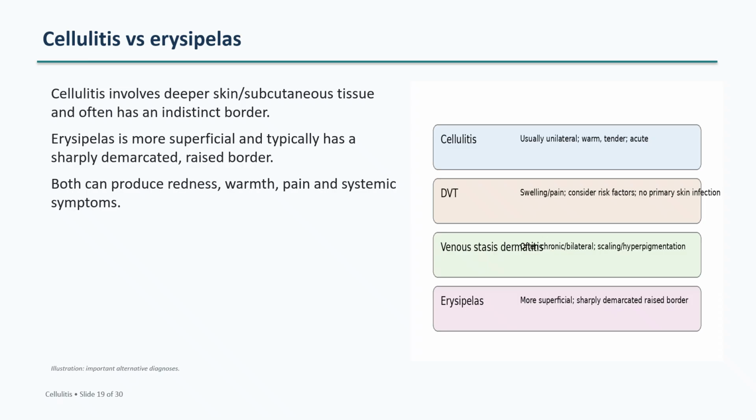And if it is venous stasis dermatitis, then it is bilateral. We will see scaling and hyperpigmentation at the site, and erysipelas will be more superficial, and we will see sharply demarcated raised borders in the area where the patient is developing the disease.